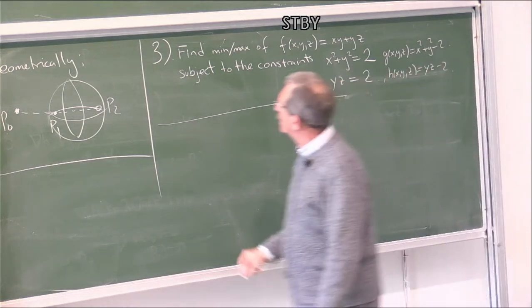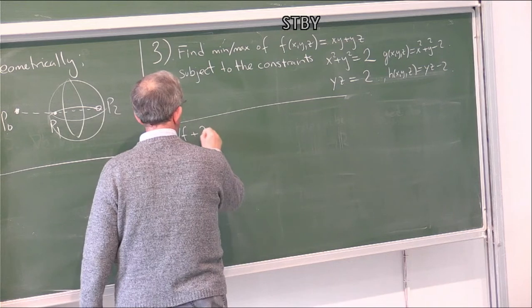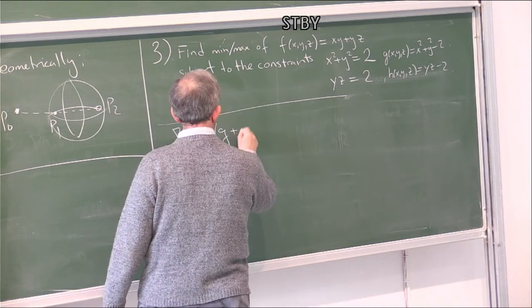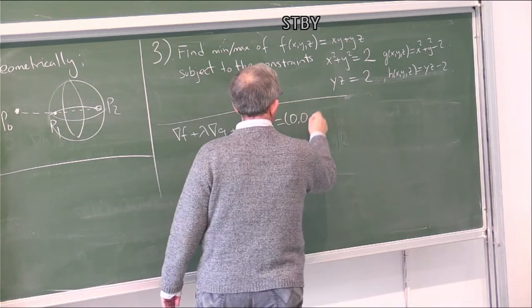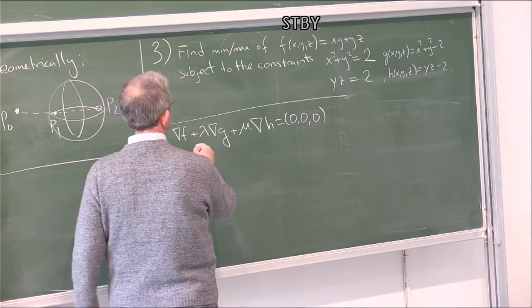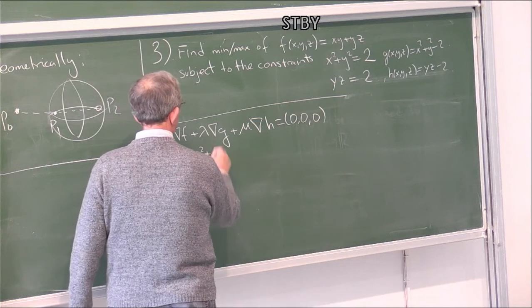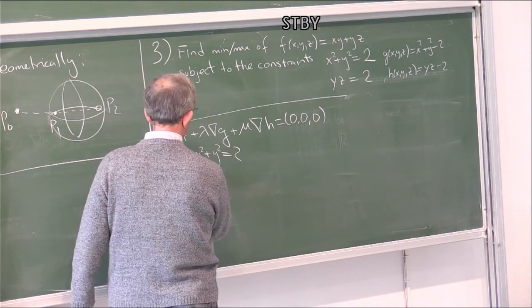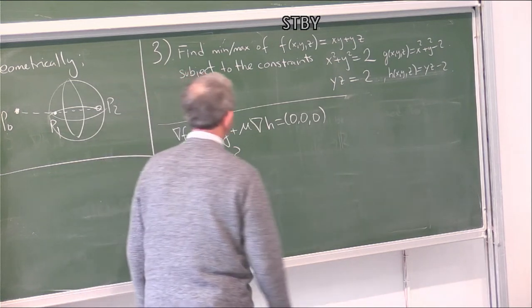Then we construct gradient f plus lambda gradient g plus mu gradient h is 0, 0, 0. And the equations must be satisfied: x squared plus y squared is 2, and yz is 2.